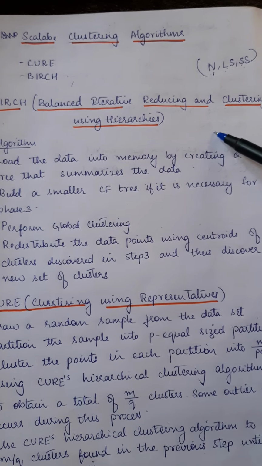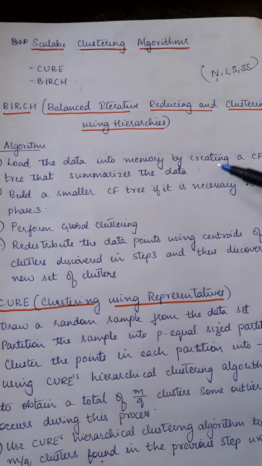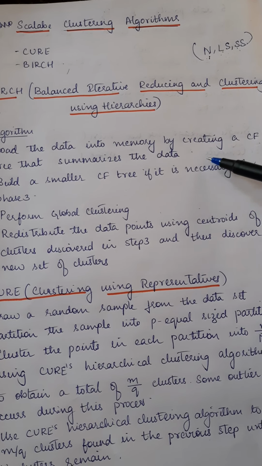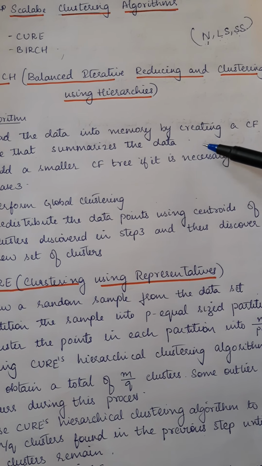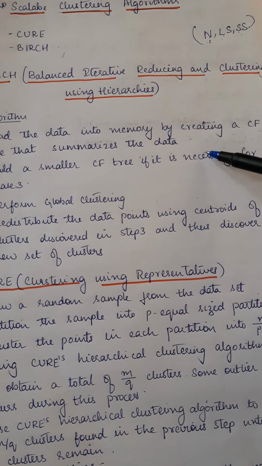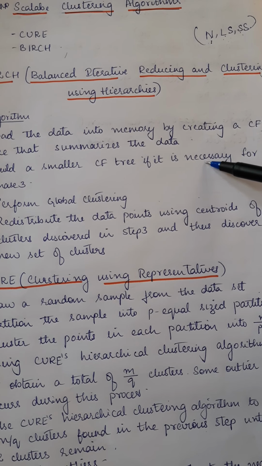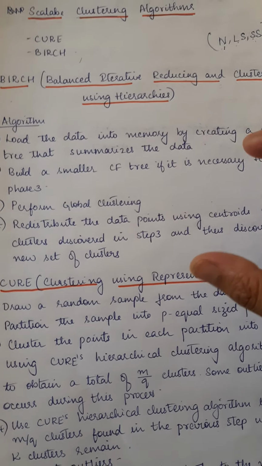First, you load the data into memory by creating a CF tree which summarizes all the data. Next, you build a smaller CF tree if necessary. For phase 3, the tree T is increased and the leaf node entries are reinserted. Since T has increased, some clusters will get merged.